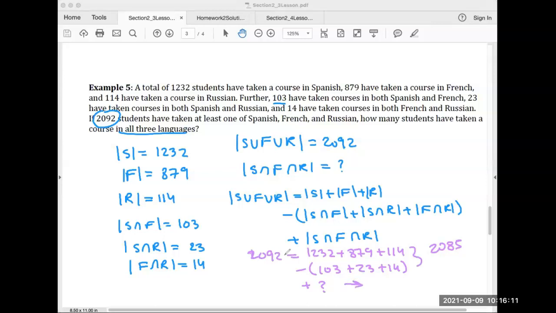So subtract 2092 minus 2085, and I got 7. So 7 of them are taking all 3 languages. Wow, I'm impressed. Any questions with that one?